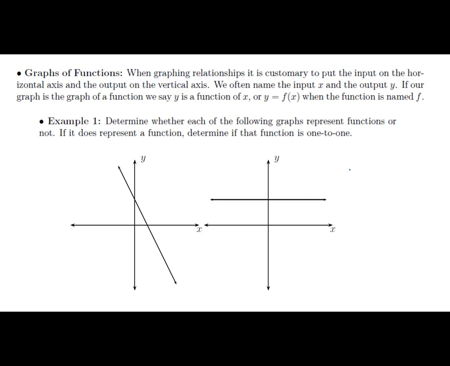So when we talk about functions in this course, we're always going to talk about them in the sense that the function value is the y value. Or perhaps an even more clear way to put this would be to say x is the input and y is the output.